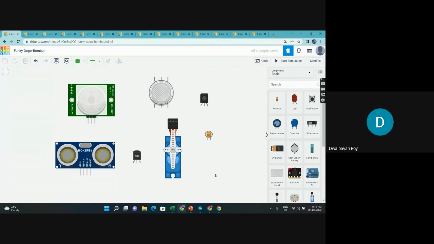Here we mainly use these components. First is the PIR sensor, then the gas sensor.